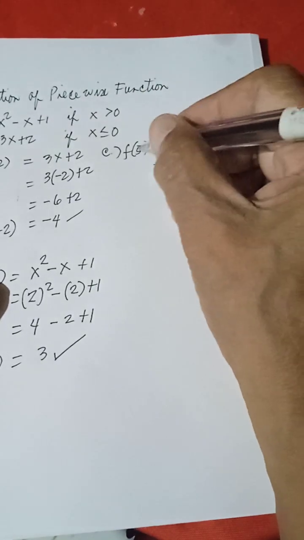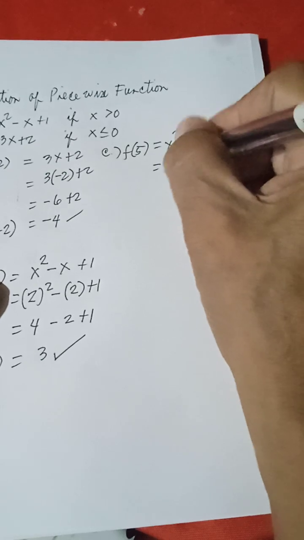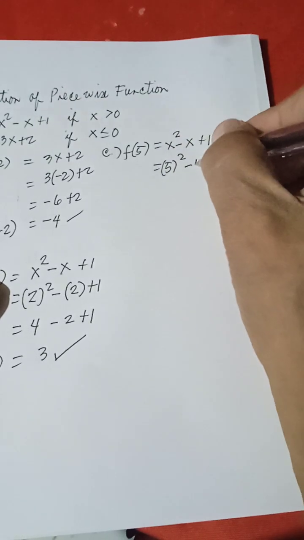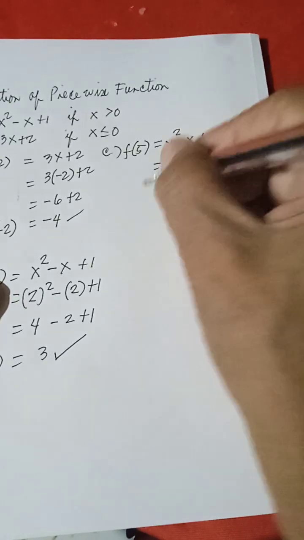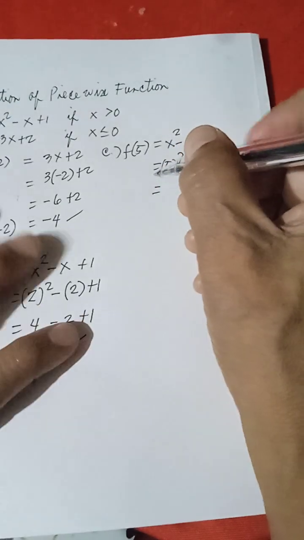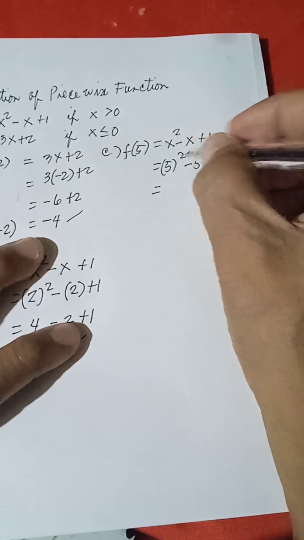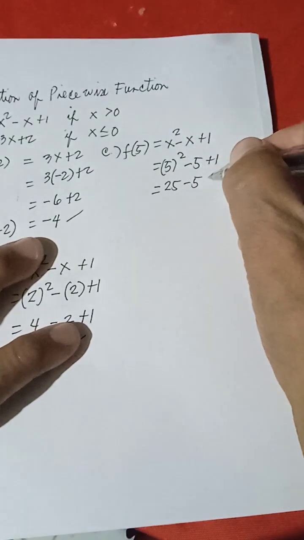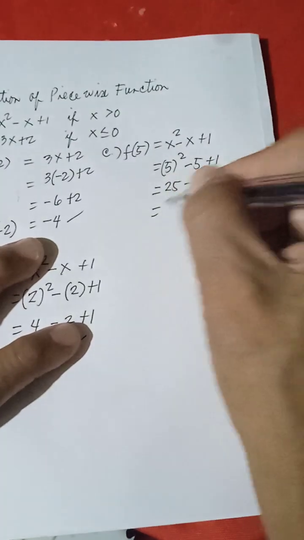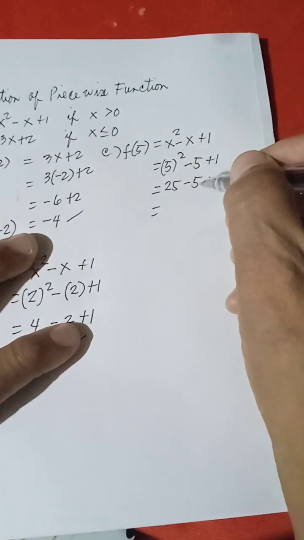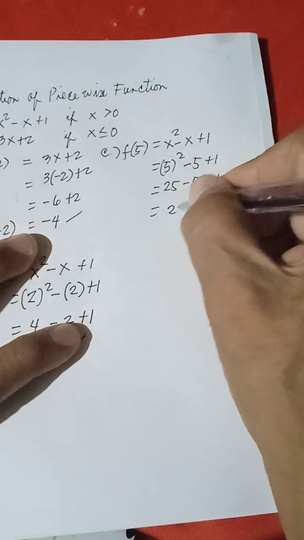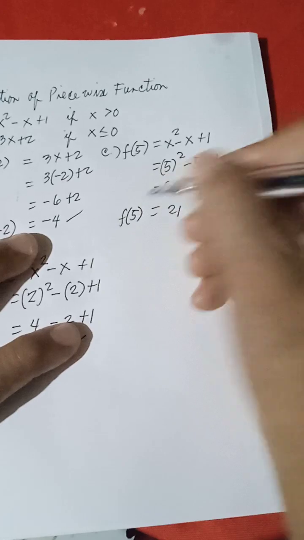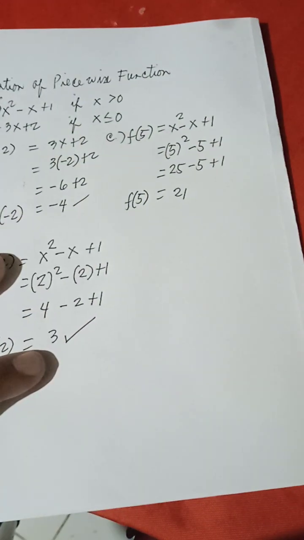We plug in 5 to x, so 5 squared minus 5 plus 1. 5 squared is 25, minus 5 plus 1. 25 minus 5 is 20, plus 1 equals 21. So f of 5 equals 21.